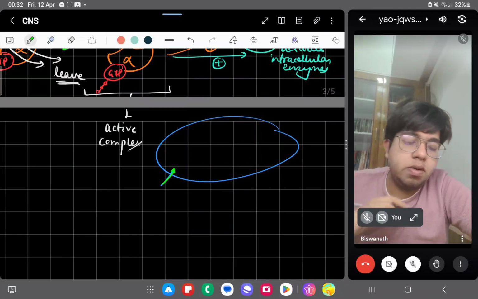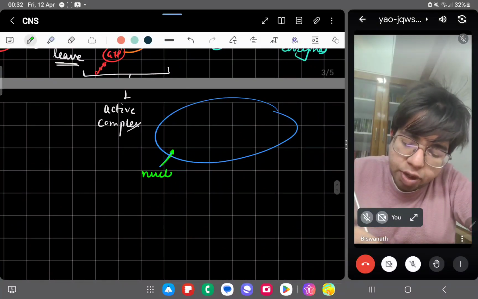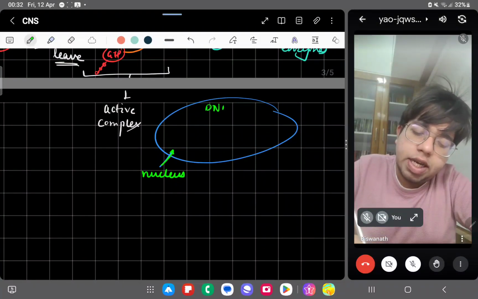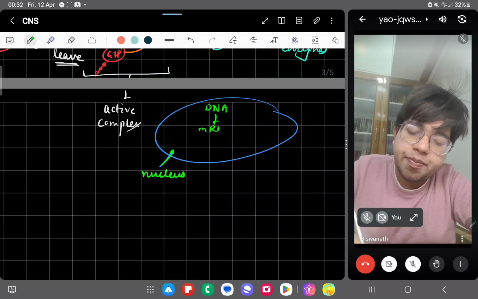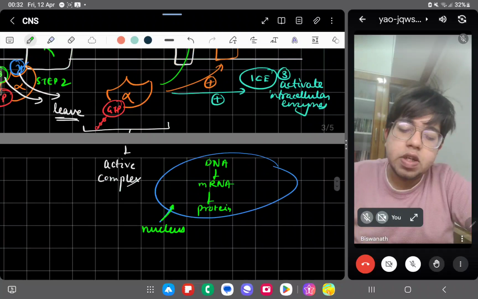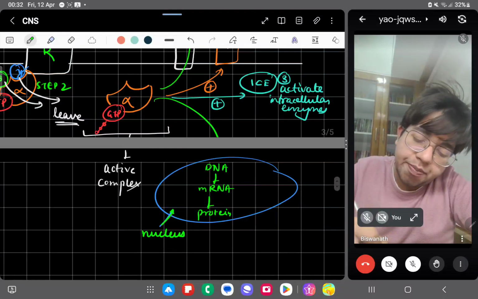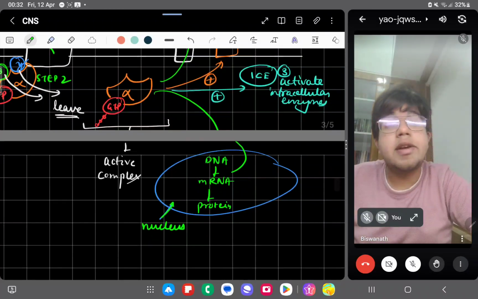Okay. So here, if this is the nucleus, this DNA, mRNA, and protein, this is the central dogma, you know. So this GTP, this active complex may activate the transcription.